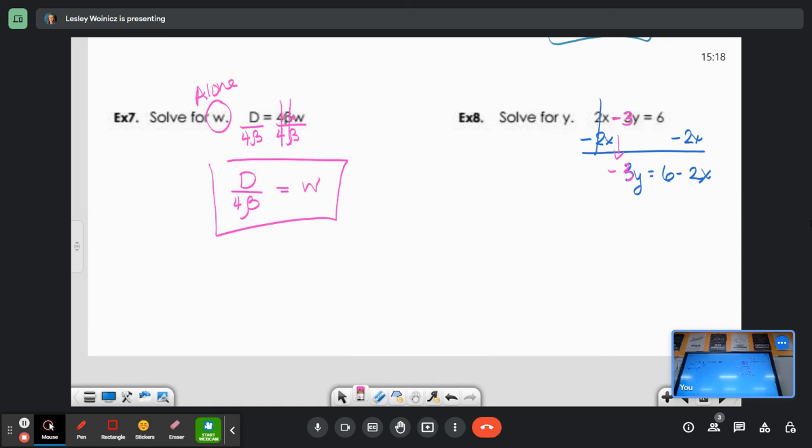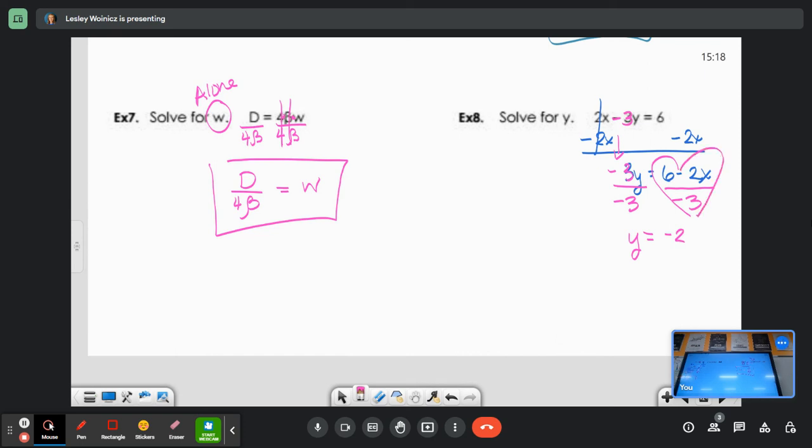So I'm going to be dividing by a negative 3. That gives me y equals, what is positive 6 divided by negative 3? Negative 2. What about negative 2 divided by negative 3?